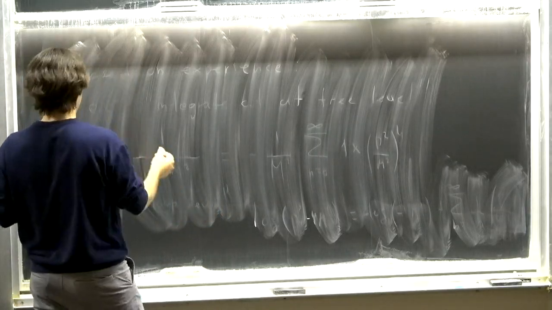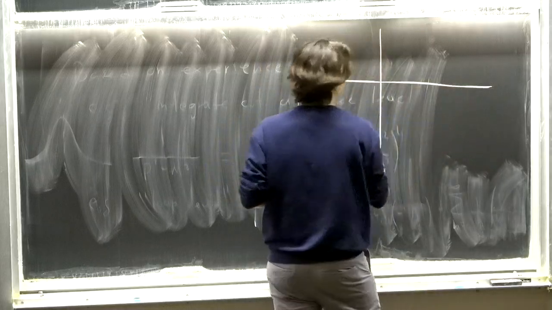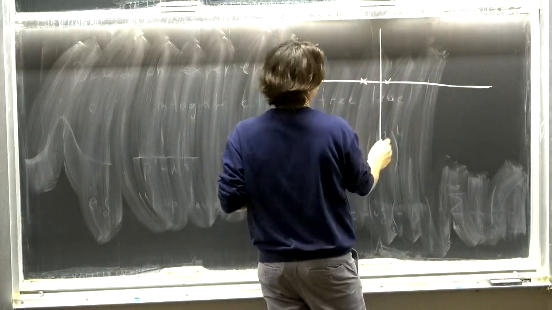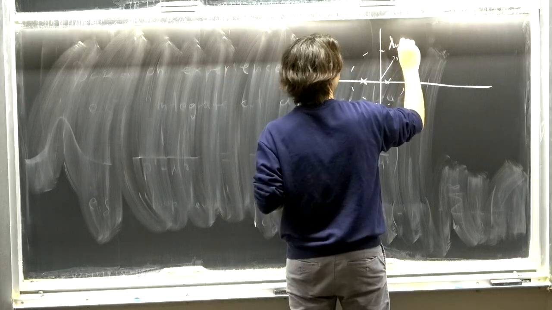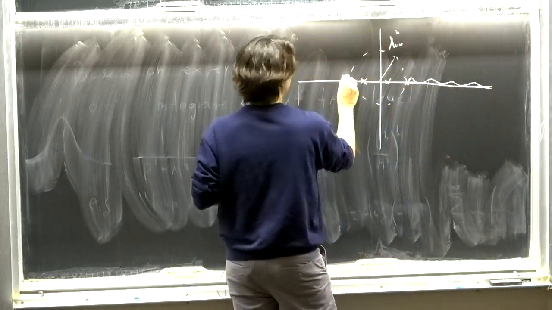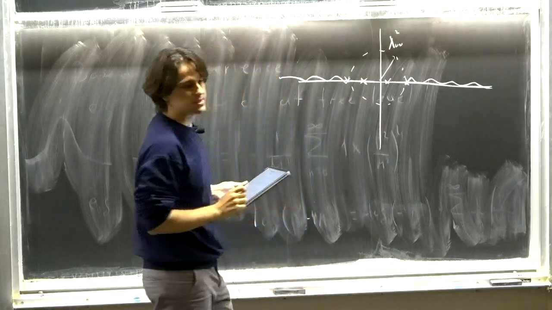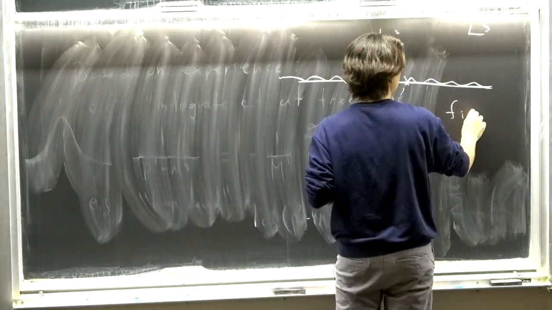So let's consider the following contour integral. Remember, my complex plane looks something like this. Maybe I have some poles at low energies in the EFT. This is lambda UV squared. Maybe here I have some branch cuts that come from the high energy stuff, right? So this is the S plane at fixed T.